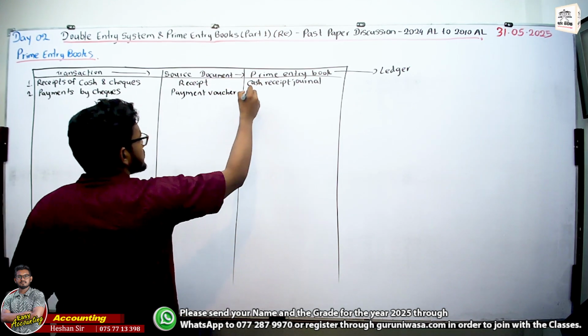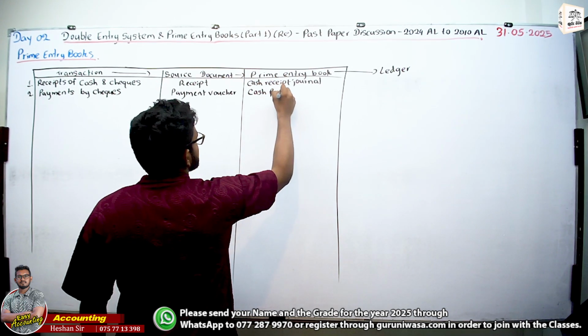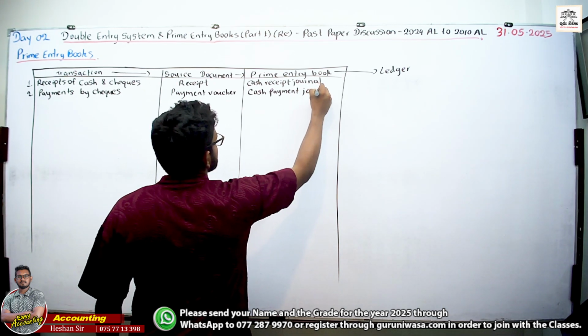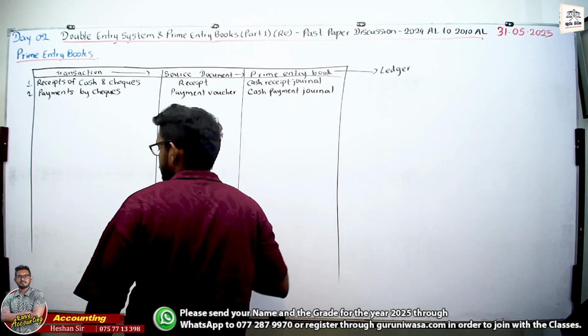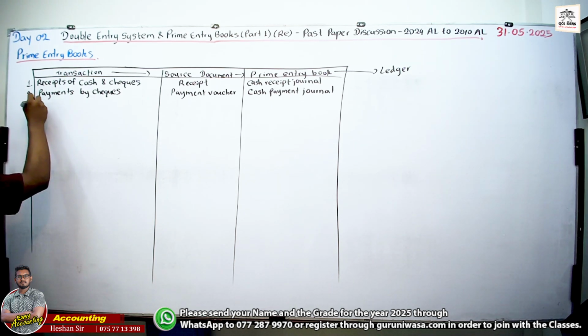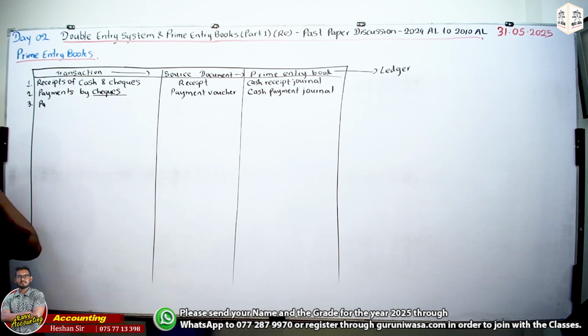We record in the cash payment journal. The payments by check means above petty cash level. So we make large payments by check, right?